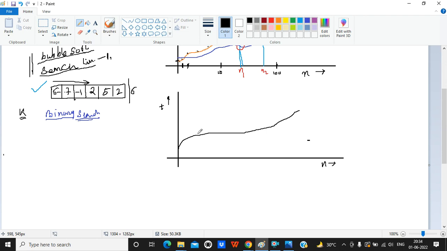Now say we have our algorithm, a1, and this a1 algorithm is a function of n, f(n), let's consider.